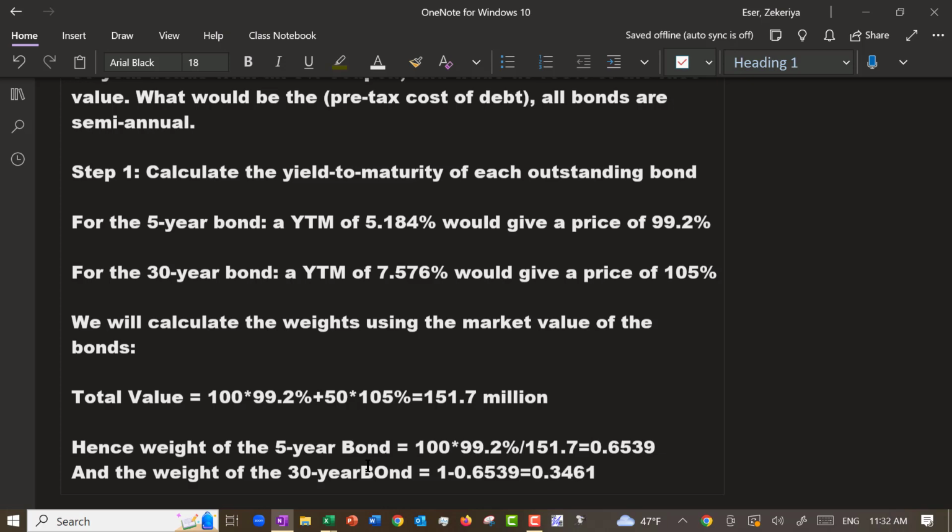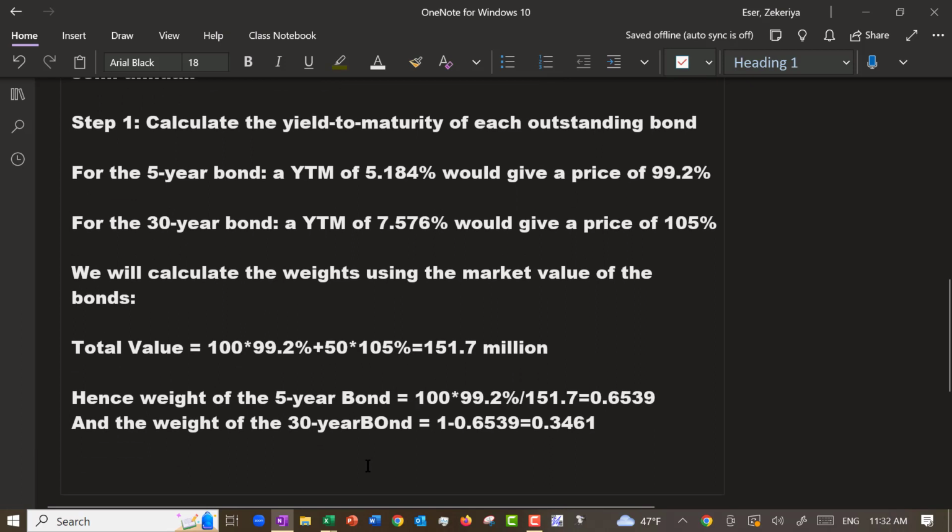So of my outstanding debt, 65.4% is in the 5-year bond, and the remaining is in the 30-year bond. So this is technically just an estimate.